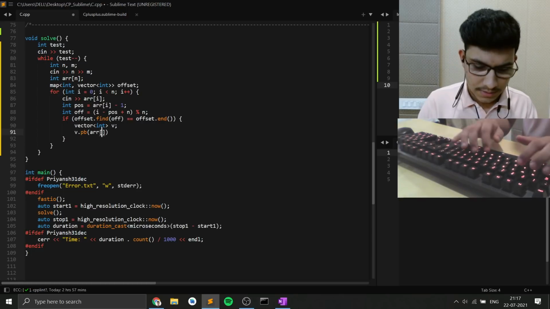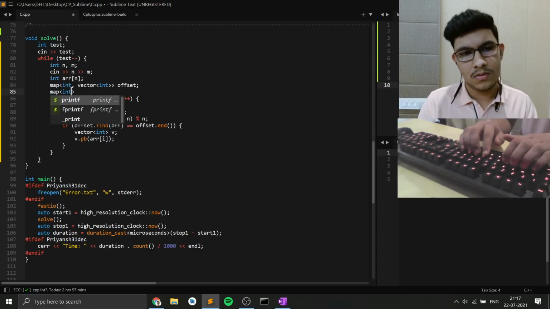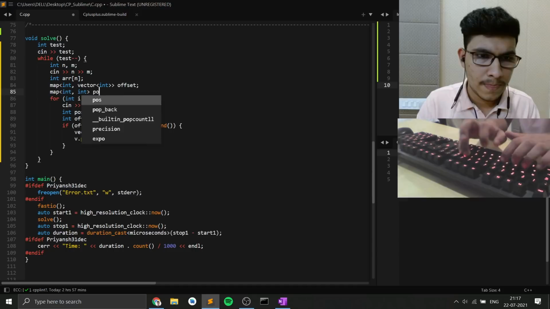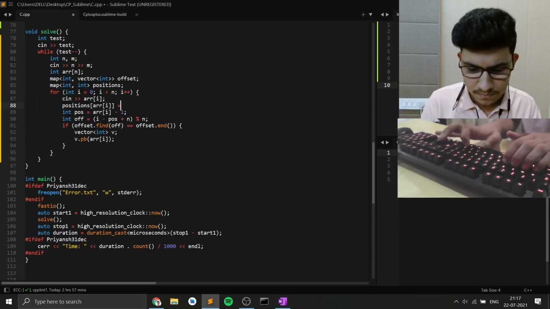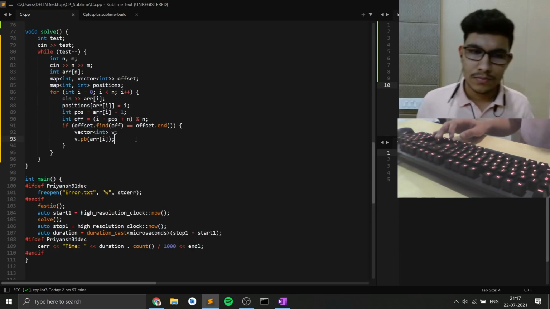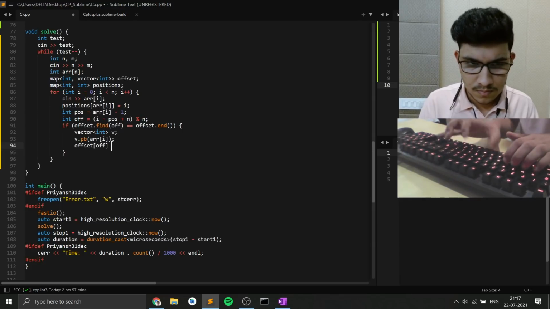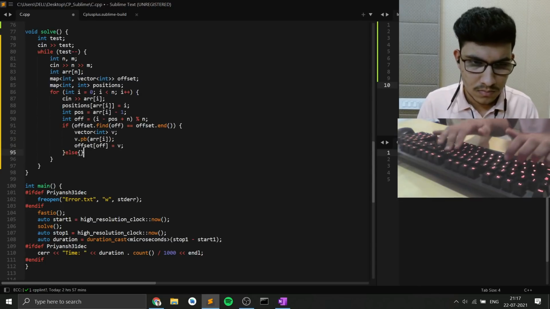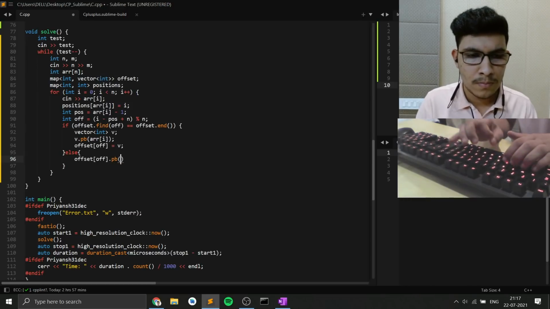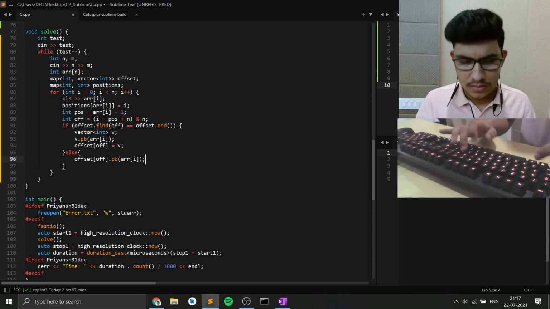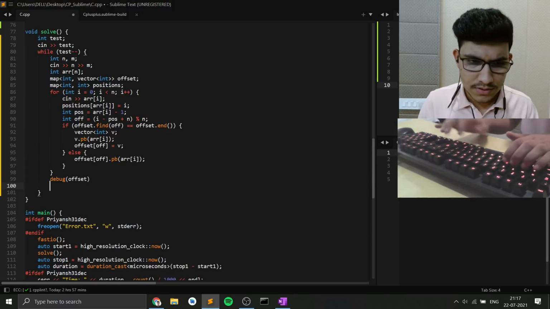So here I have the arr type. Let's just debug this offset and the positions.